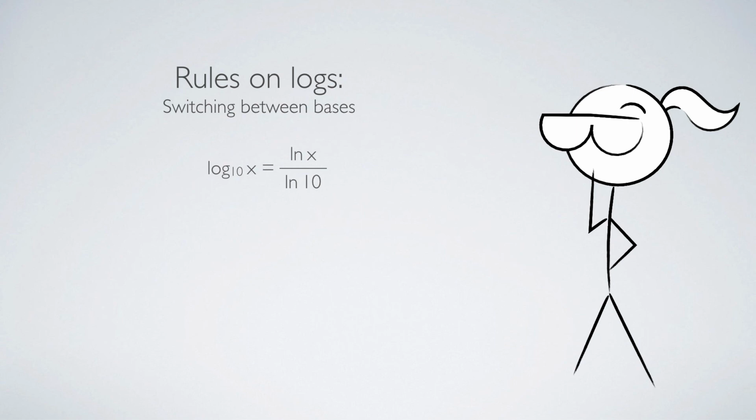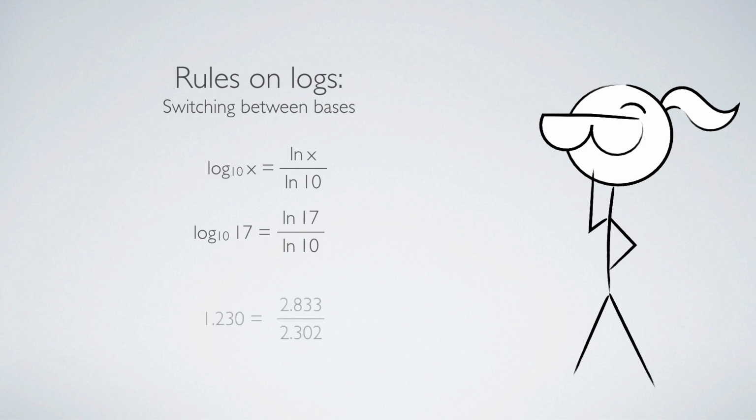If I put in numbers to switch between e and base 10, my two most common logs, I can stick 17 in here. I'm using these numbers because I can check both log to the base 10 and log to the base e on my calculator, and you can test it works. So I now have log to the base 10 of 17 is equal to log to the base e, or natural log of 17, divided by the natural log of 10.